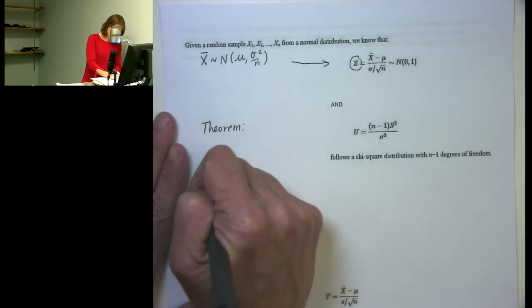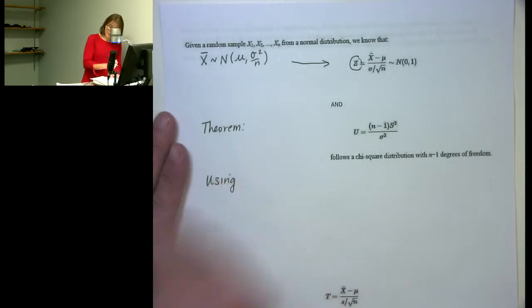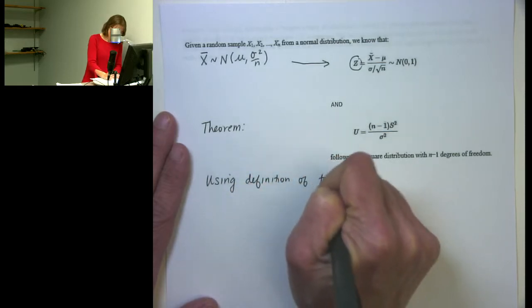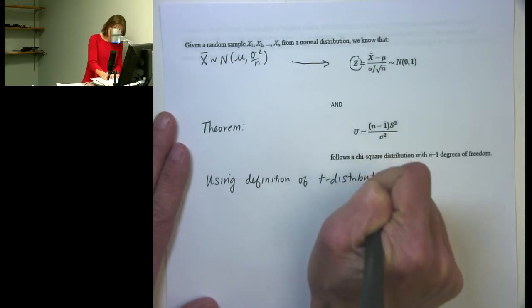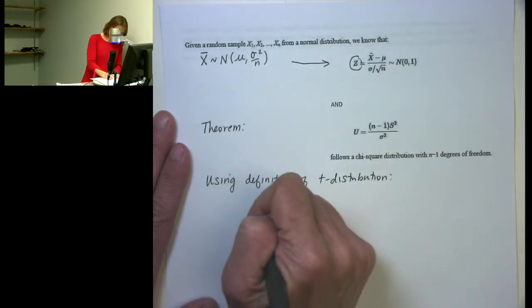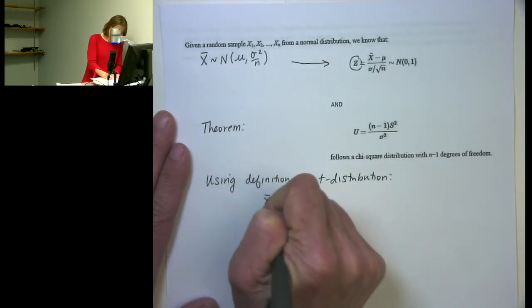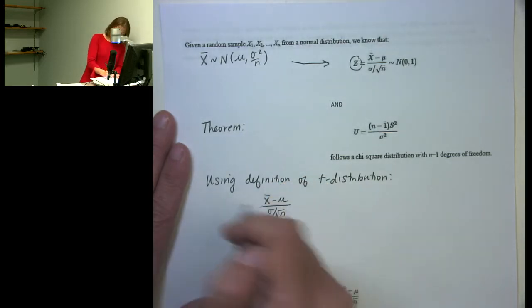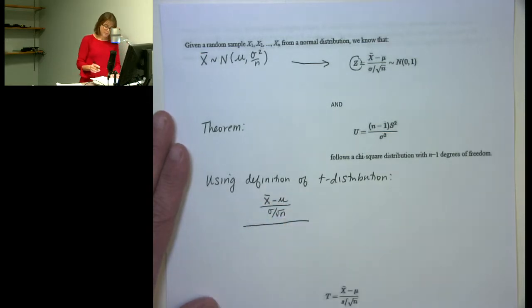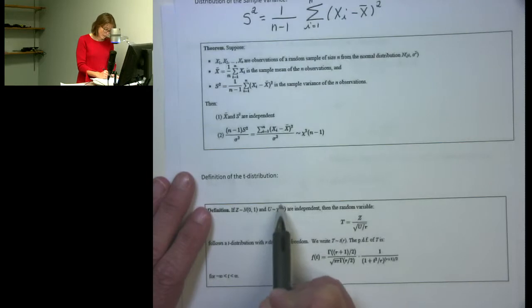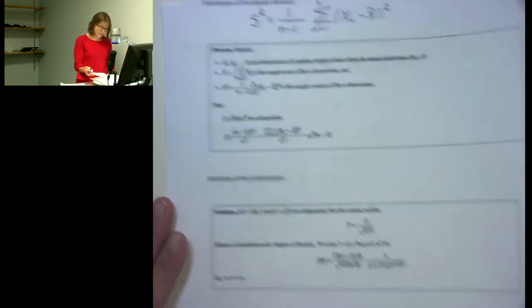So now, using the definition of the t distribution, I have something that has a standard normal distribution, and I'm going to divide it by something that has a chi-square distribution with r degrees of freedom.